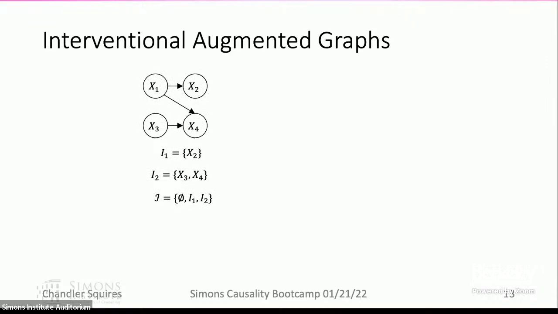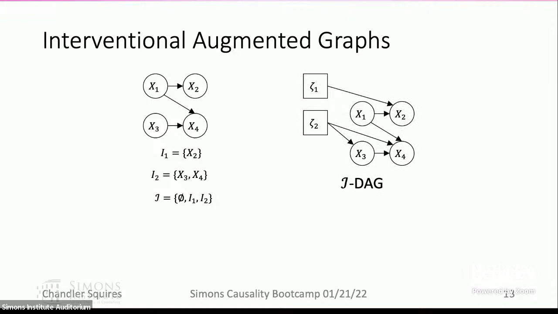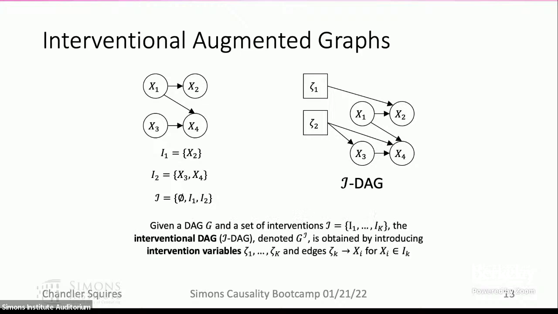And if we have multiple interventions, we'll just add one intervention variable for each of the interventions. So zeta1 will correspond to the intervention I1, and between each of the intervention variables that we introduce and the targets of that intervention, we add an edge. We're going to call this the interventional DAG, or IDAG.